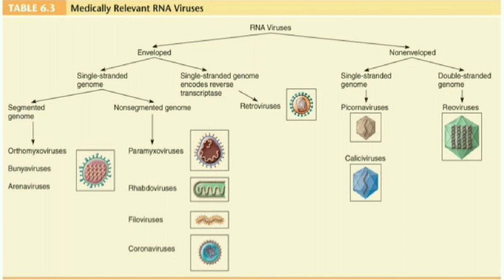An enveloped RNA virus is of 2 types: a single-stranded genome, and a single-stranded genome which codes for reverse transcriptase, and this is a retrovirus. A non-enveloped RNA virus is of 2 types, either single-stranded or double-stranded.